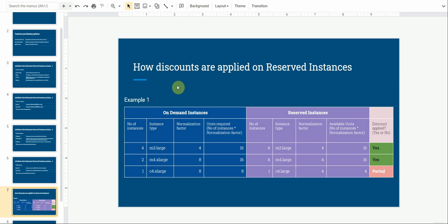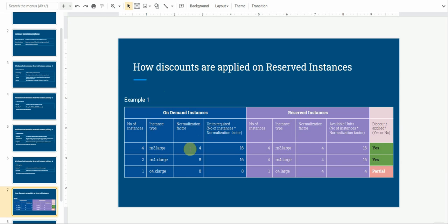Let's get into our presentation again. Imagine for this example, we require 4 M3 large instances, 2 M4X large instances, and 1 C4X large. And we are purchasing reserve instances as 4 instances for M3 large, 4 instances of M4 large, and 1 instance of C4 large.